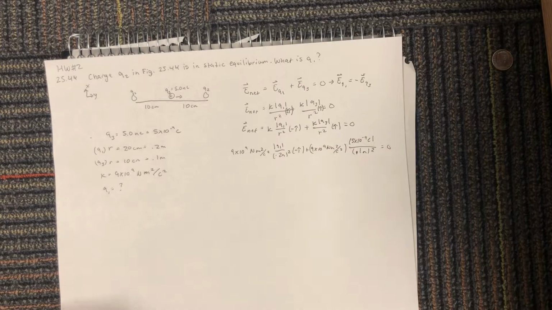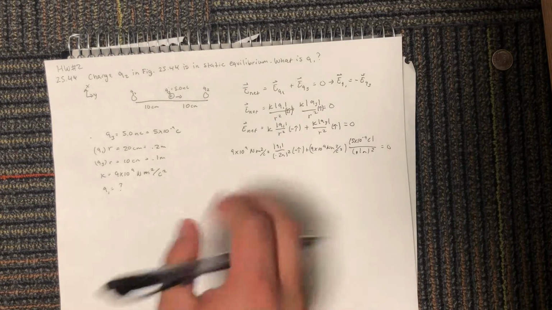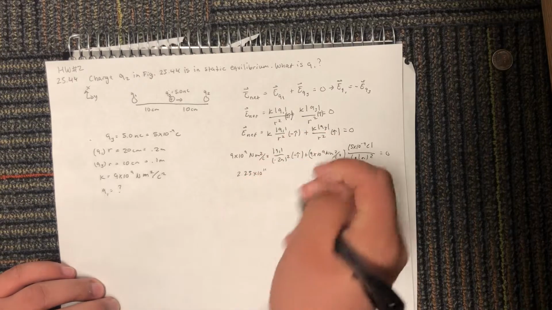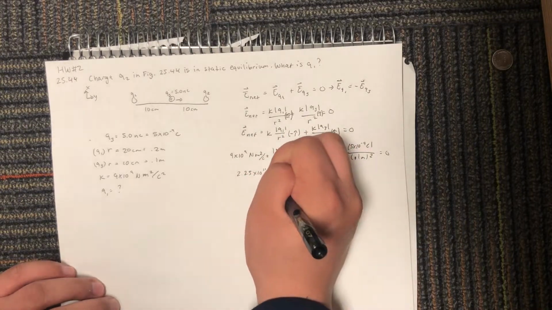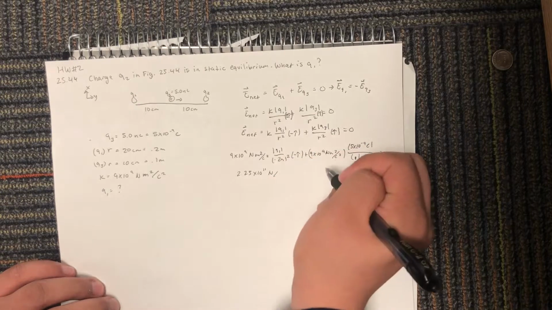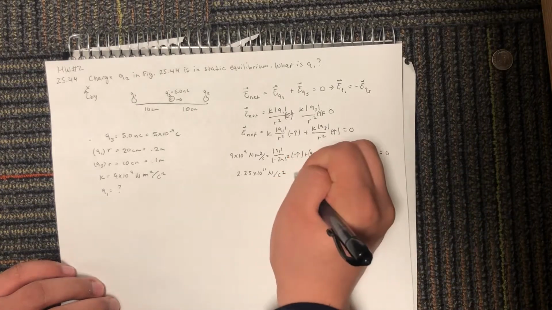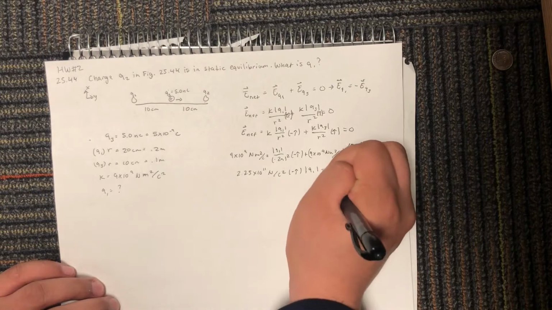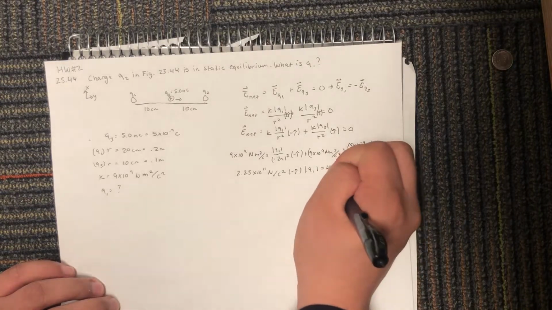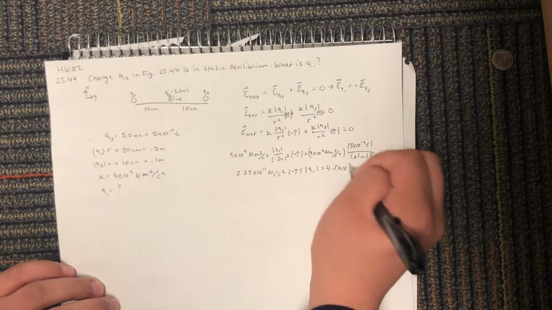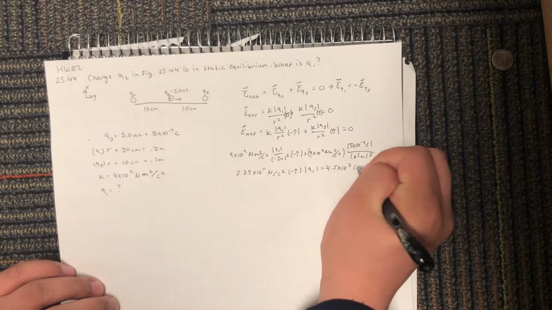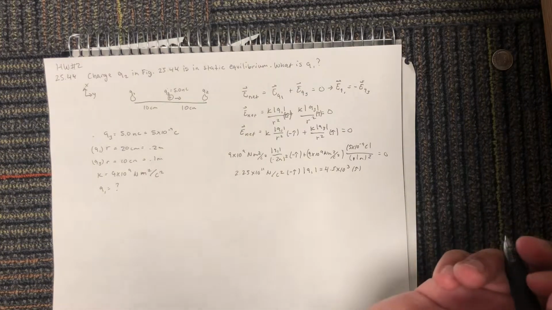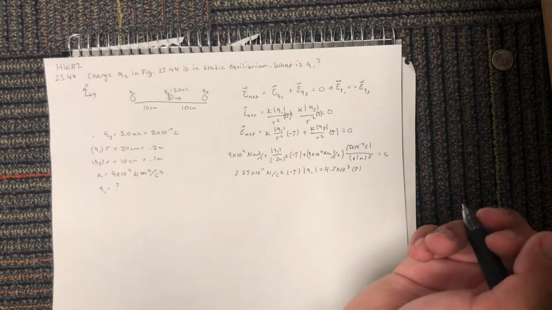And so if we simplify this out, we get 2.25 times 10 to the 11th newtons per coulomb squared with a negative I hat times Q1 is equal to 4.5 times 10 to the 3 positive I hat. And this will be in terms of newtons per coulomb.